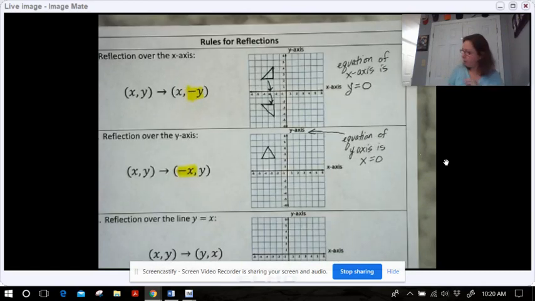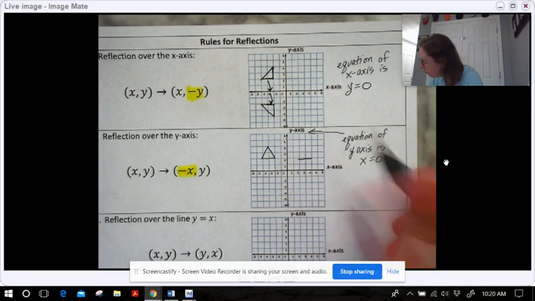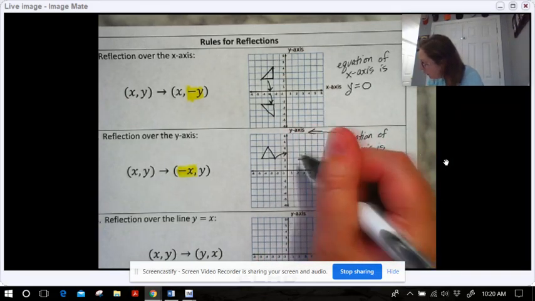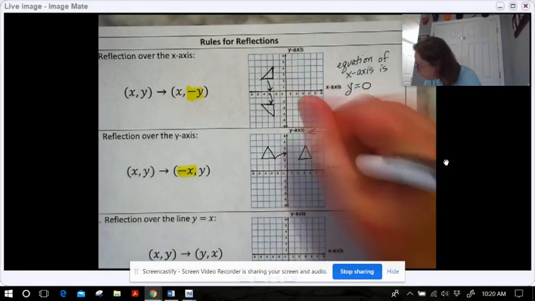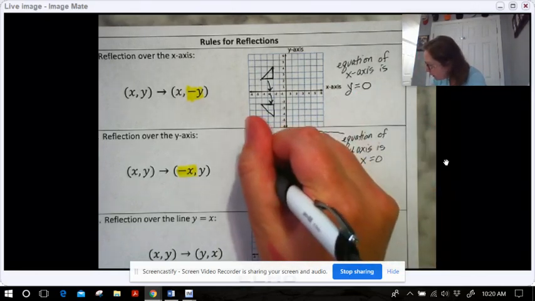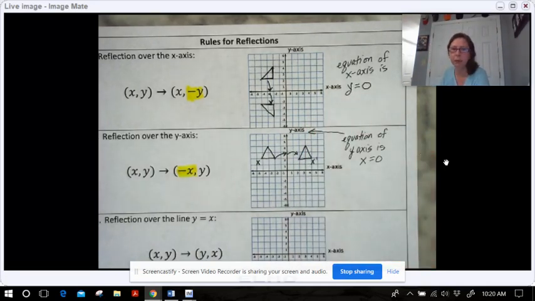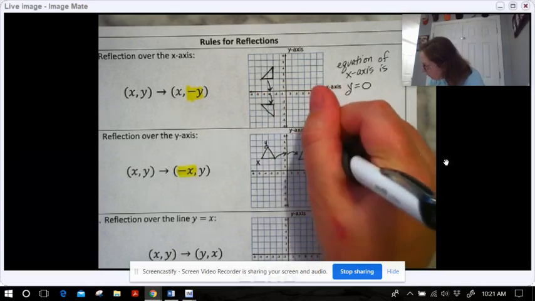Okay, so to reflect this over the y-axis, it needs to be equidistant from the y-axis. So if I go over 2, I need to go over 2 more. Okay, and again, this would be x and x prime because it would flip. Okay, this would be y and y prime.